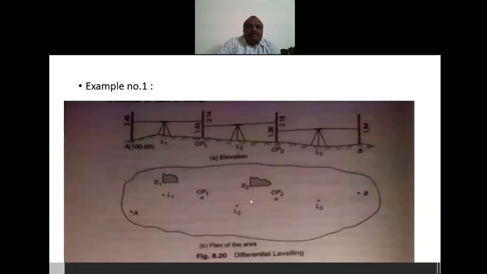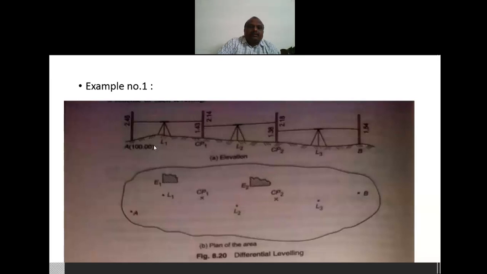By seeing this figure, by applying the second type, differential leveling, we should find out station B's elevation.